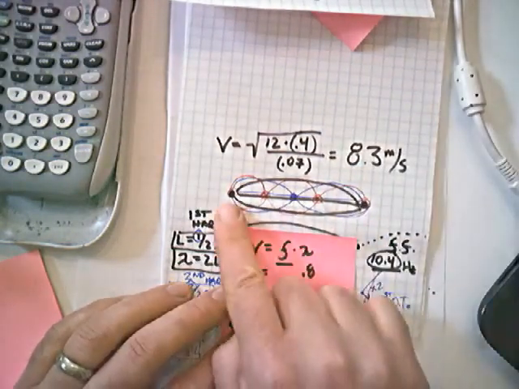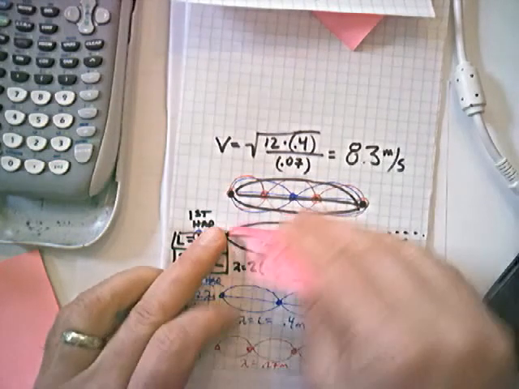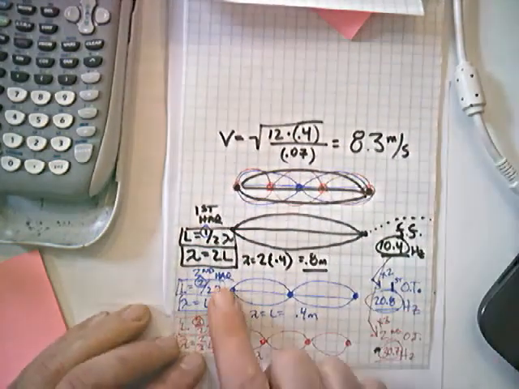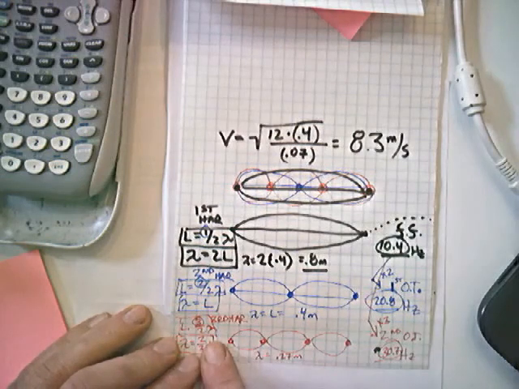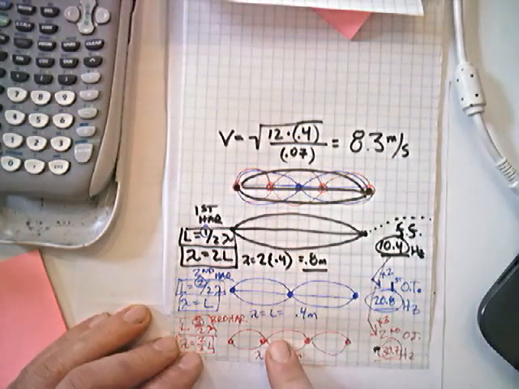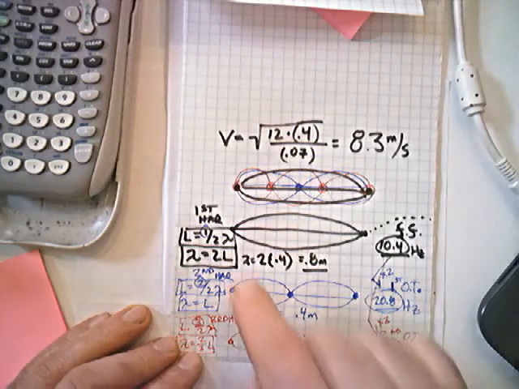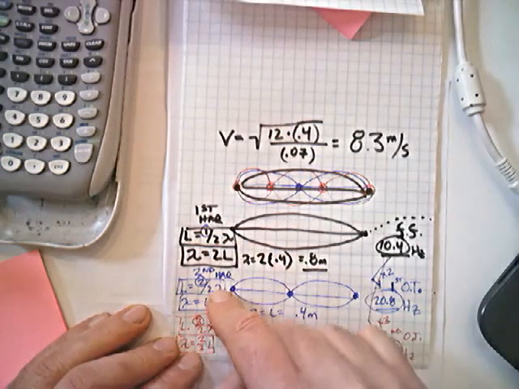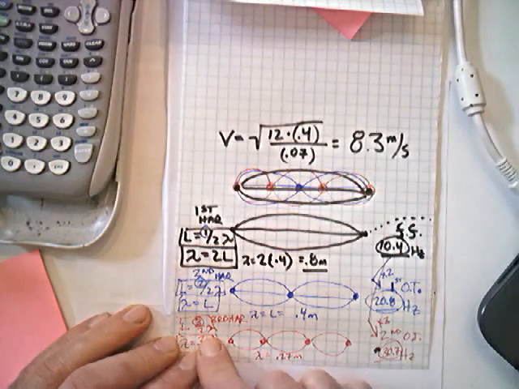We said the string can set up standing waves. The 3 longest standing waves it could set up would be the first harmonic, the second harmonic, and the third harmonic. We can look at the waves that they're creating, and we realize that it's 1/2 of a wavelength, 2/2 of a wavelength, 3/2 of a wavelength.